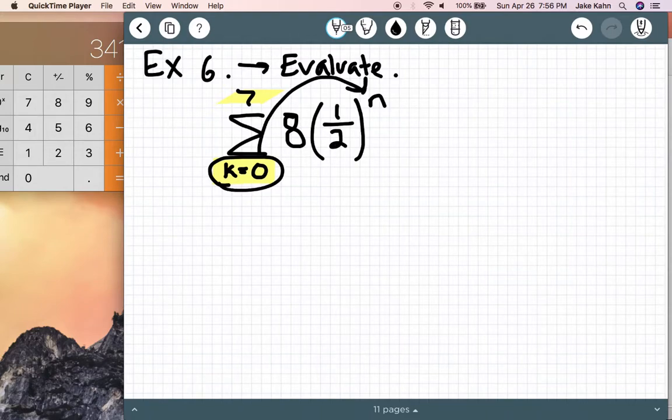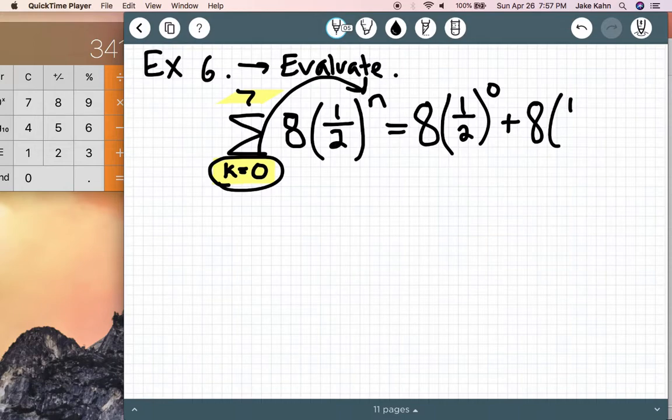All right, so the first term that you would have is 8 times 1/2 to the 0th power. And then you go up to 1, and you plug in n equals 1. So you'll have plus 8 times 1/2 to the 1 power.